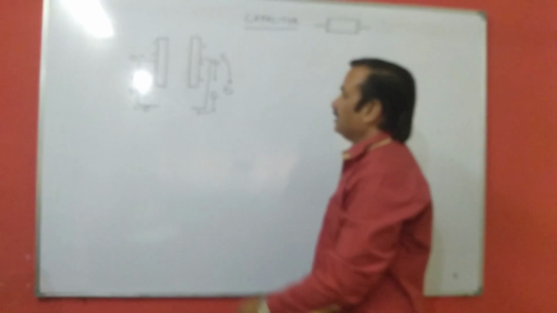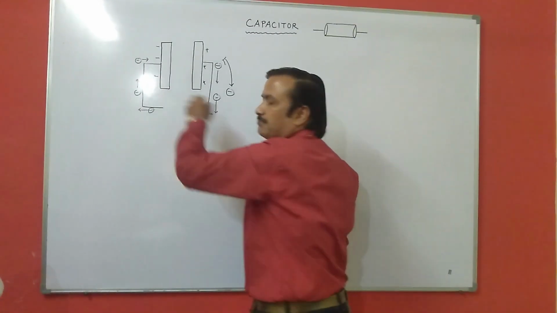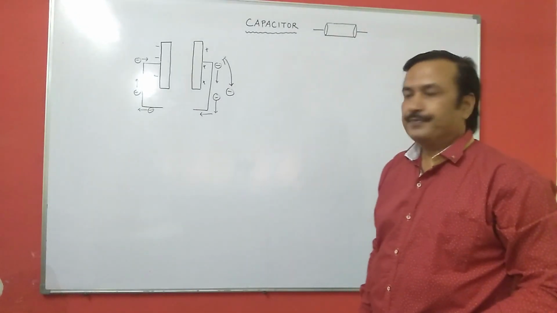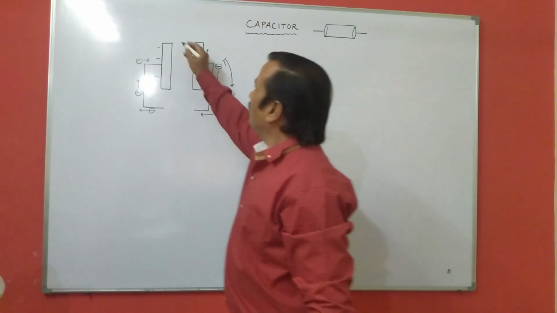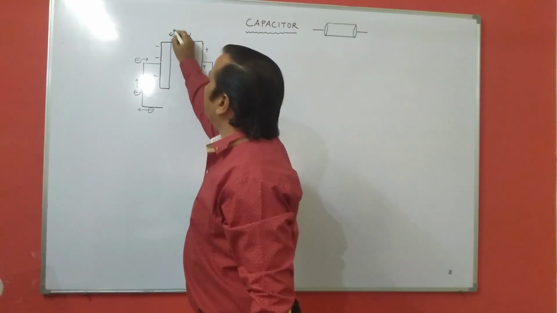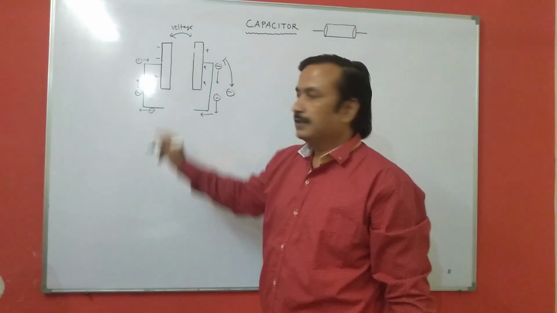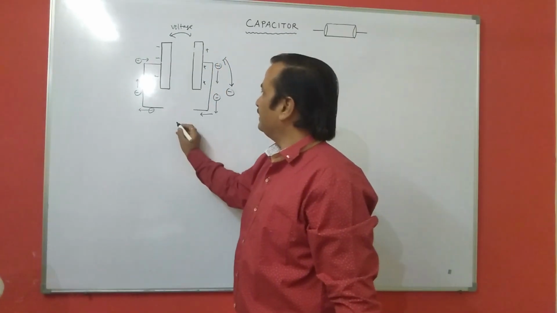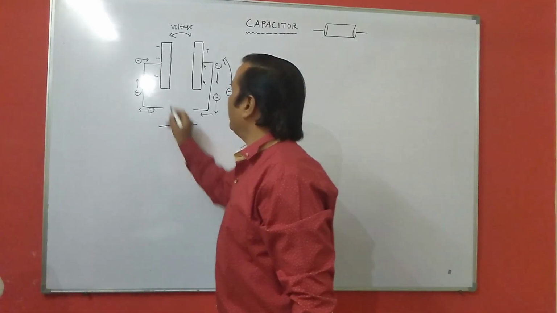So you can find one plate has become positively charged, another has become negatively charged, and this process will end when you will find the potential or the voltage of these plates is equal to the voltage which is applied here.